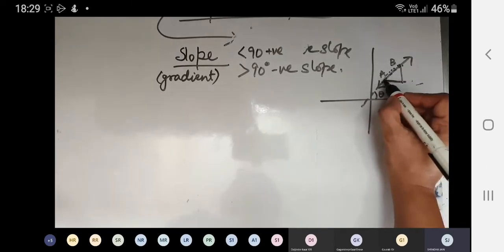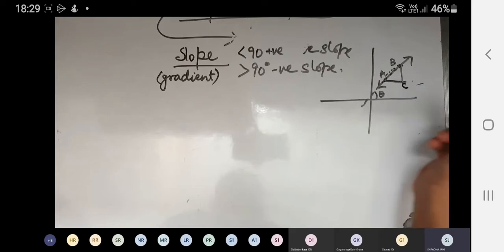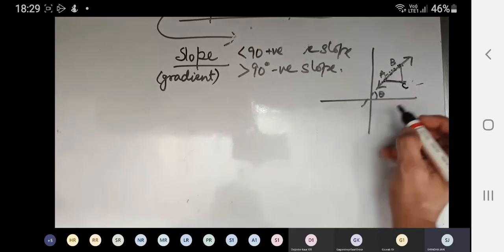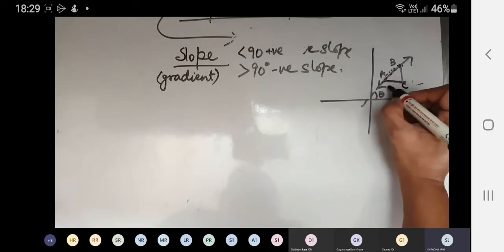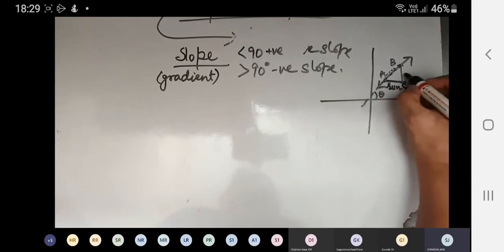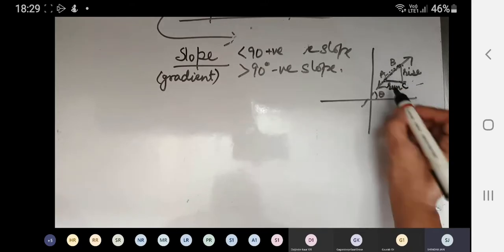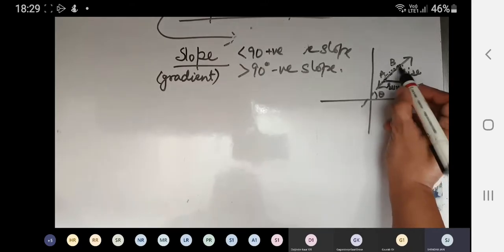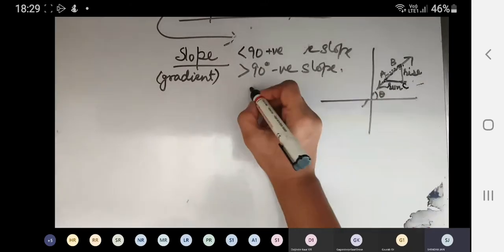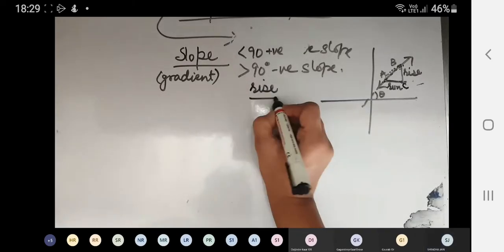We will go from A to C and C to B if we want to go horizontally and vertically. Now horizontally, what run has been taken and what rise it gives. When we move from A to B, with how much horizontal run is the rise? So that can be taken as rise to run.